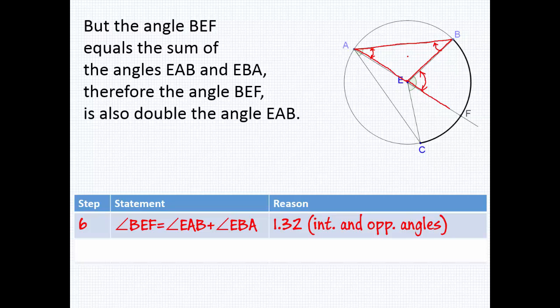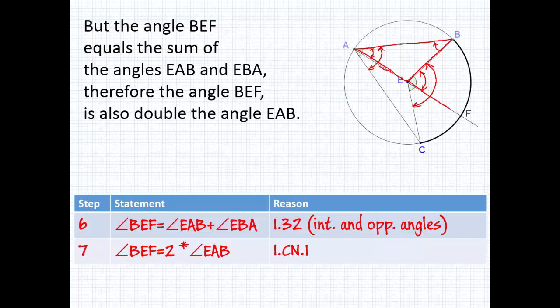And that's what's being applied here. Keep in mind the big picture. We're wanting to show that this angle BEC is twice the angle BAC. And so far we're halfway there, because working on this triangle EAB, we've shown that this angle EAB is equal to half of BEF. Or as the text says, therefore the angle BEF is also double the angle EAB.